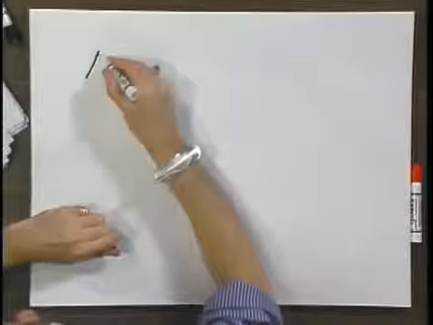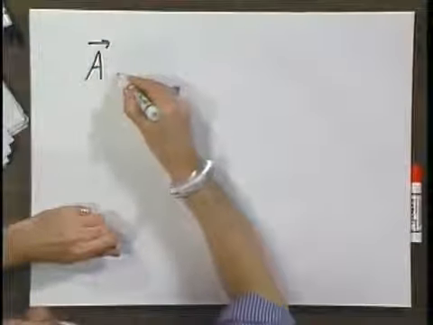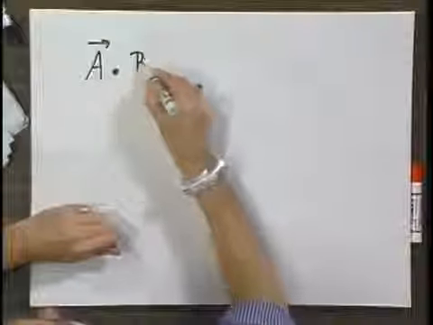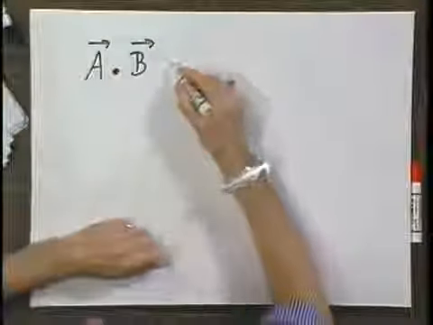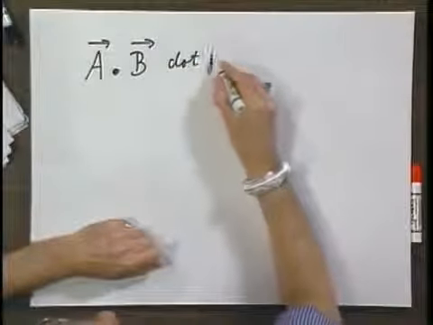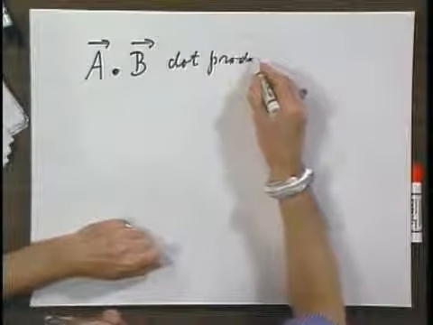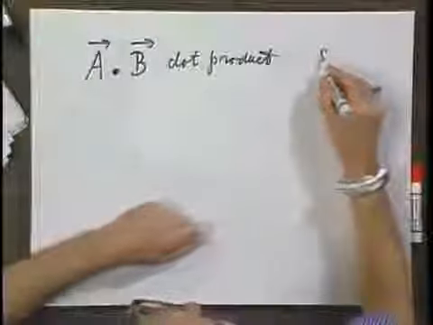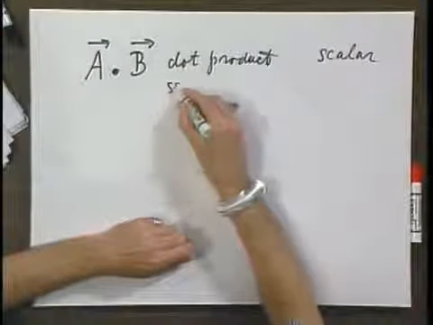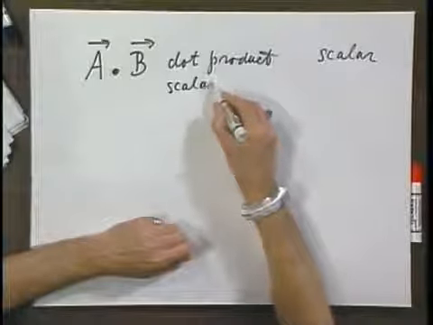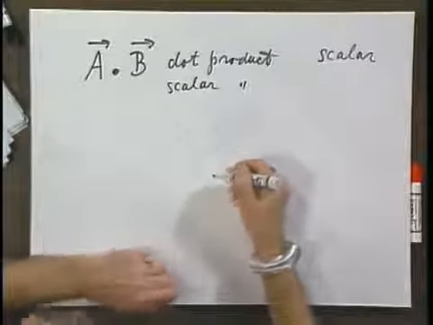If I have a vector A dot vector B, a fat, bold dot, we call this a dot product. As you will see, the dot product is a scalar, so this is often also called the scalar product.